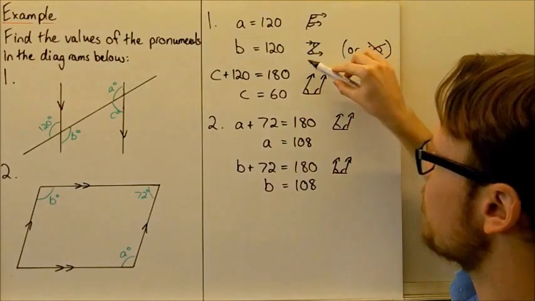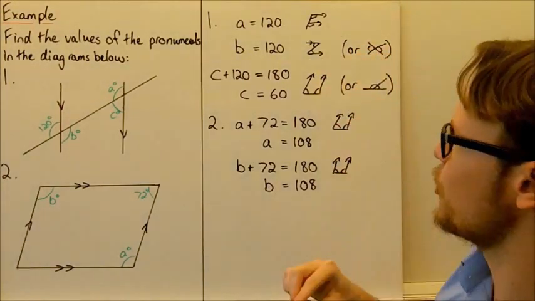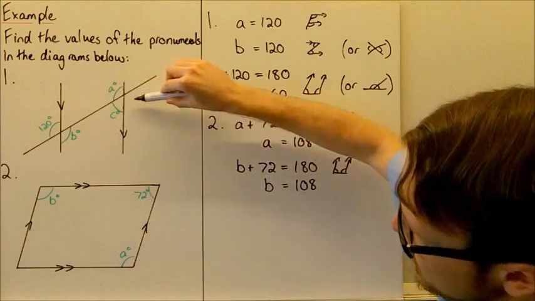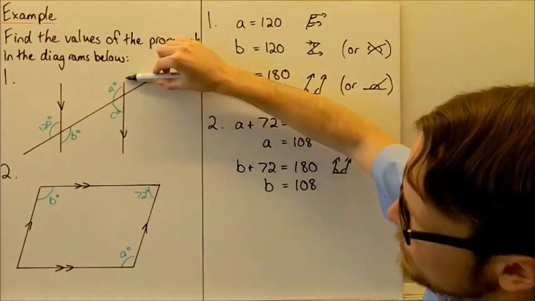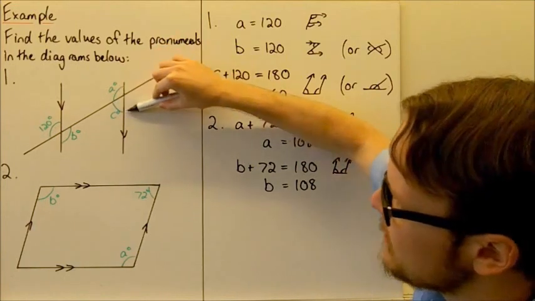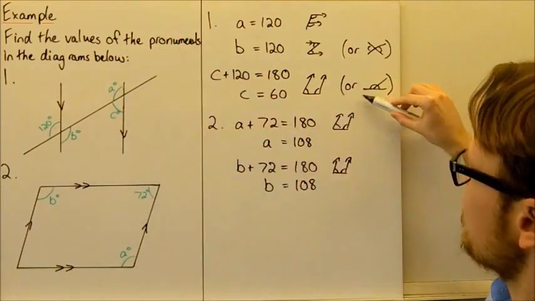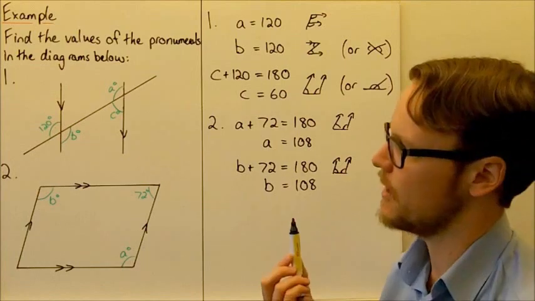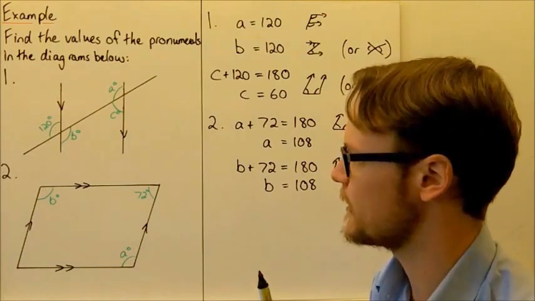So we can use the co-interior angles coded reason there. We can also see that both A and C are on a straight angle here. They must be supplementary, so they must add to 180 degrees. So we can use the supplementary coded reason as well, and it would be just as valid.